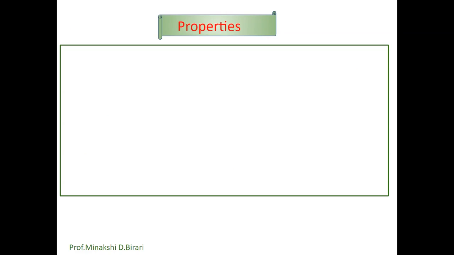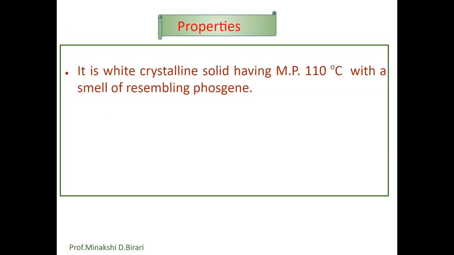Now, what are the properties of benzene hexachloride, BHC? Impure benzene hexachloride is not suitable for food crops because of its strong musty odors. Refined material is 99% pure and overcomes the odor.